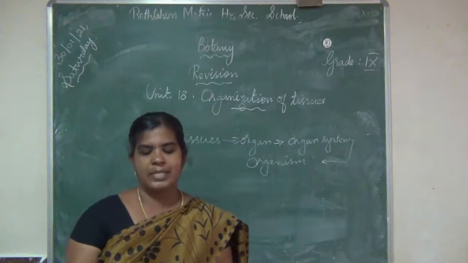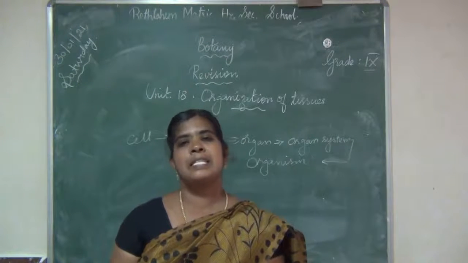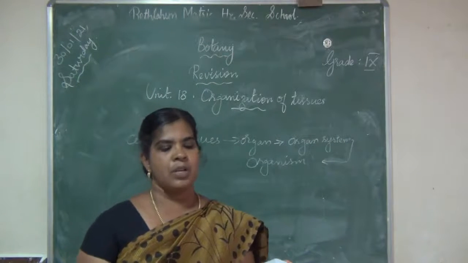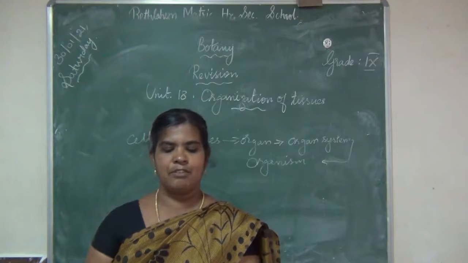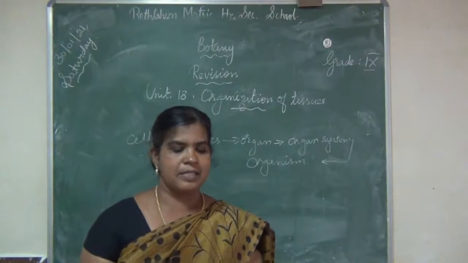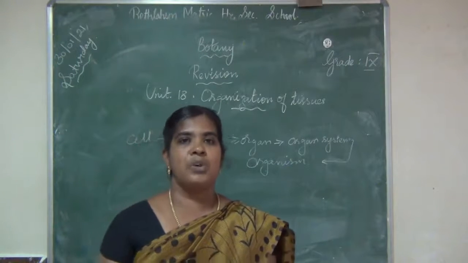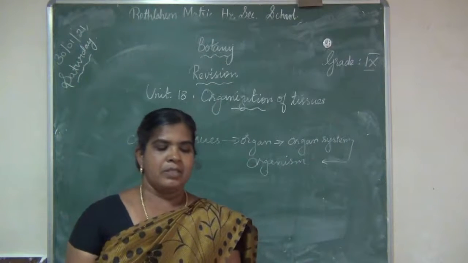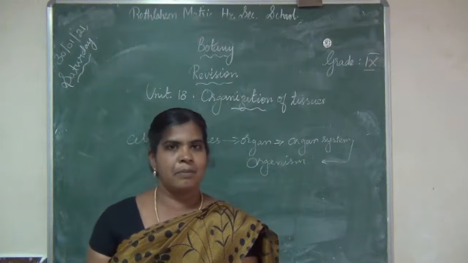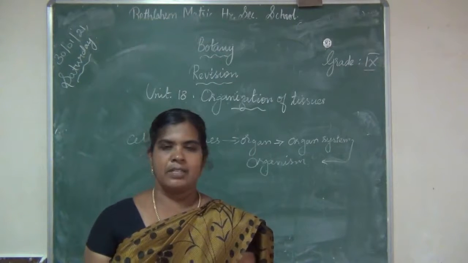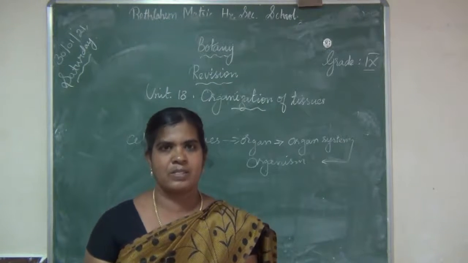See page 210. Next is meristematic tissue. The word meristem is derived from the Greek word meristos, which means divisible. This is one of the one-word answers.